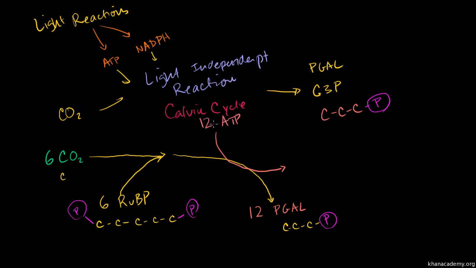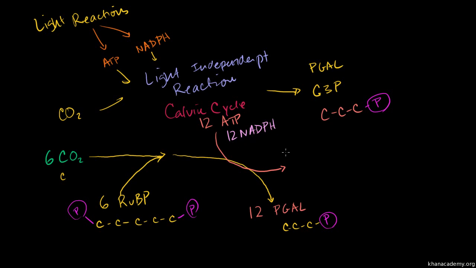So you could imagine 2 ATPs for every carbon and every ribulose bisphosphate, and 12 NADPHs, I should say. I don't want to get you confused with what goes on in respiration.